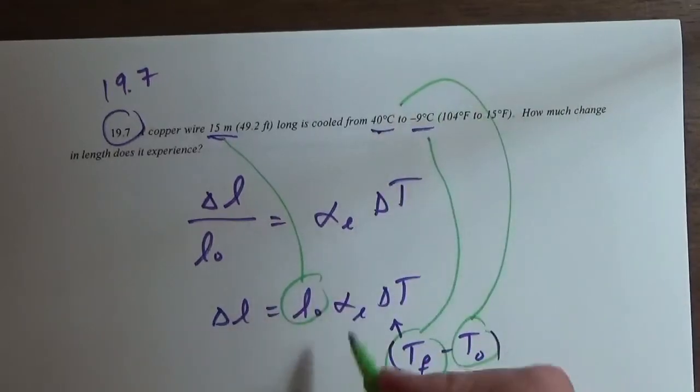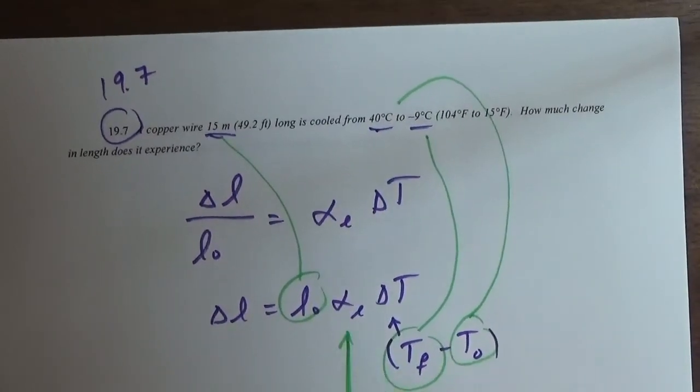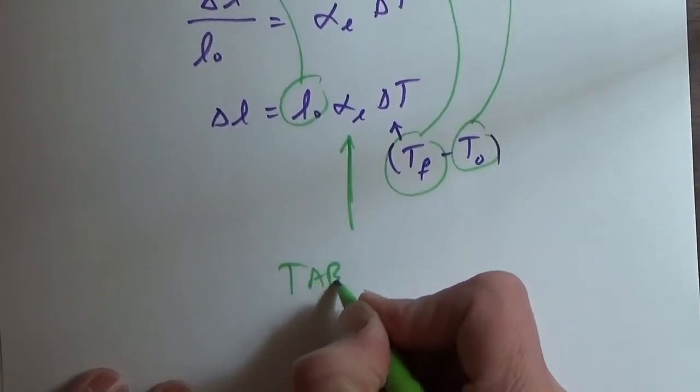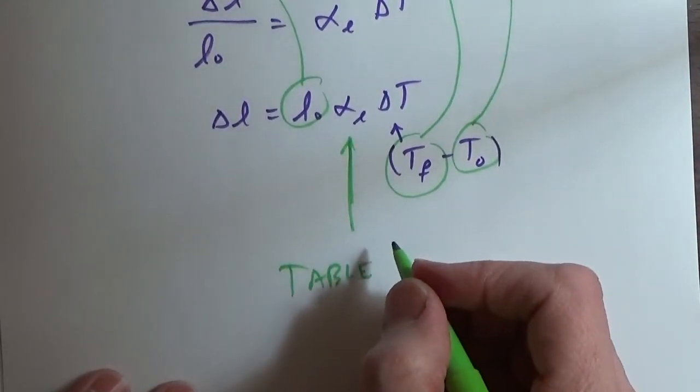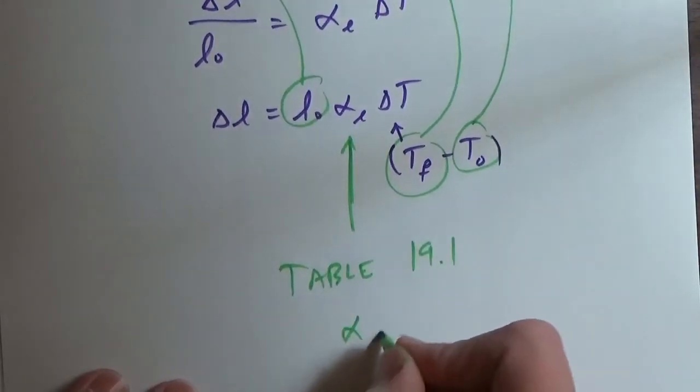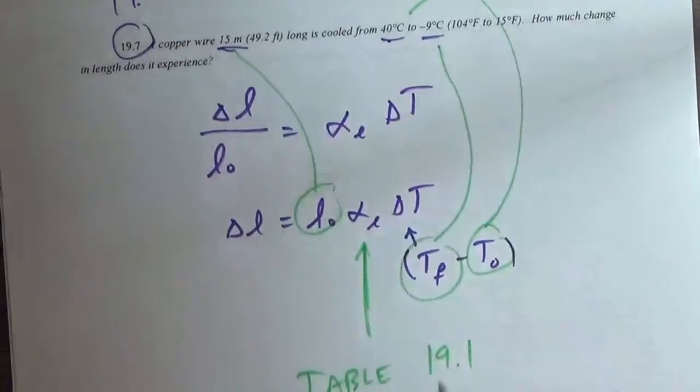T0 is 40. Alpha L is from table 19.1, which is for copper.